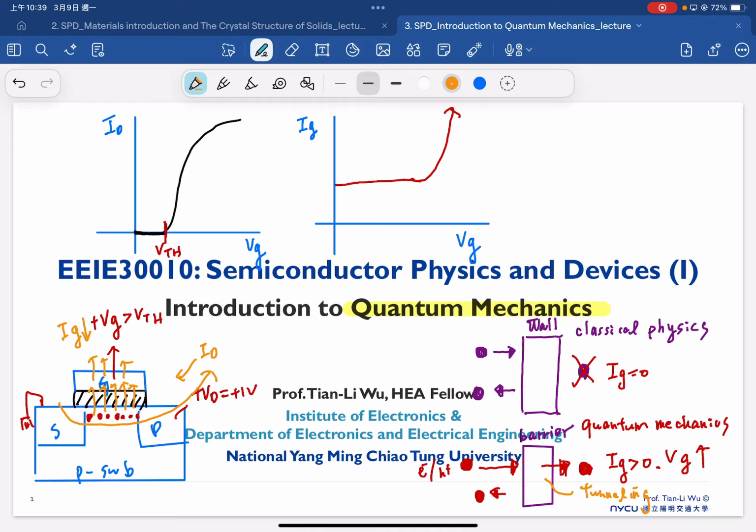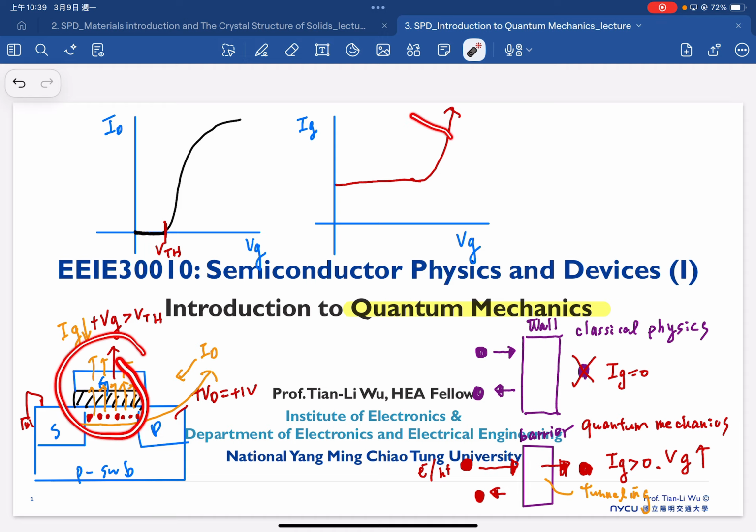Because we have to understand this, that's why we need quantum mechanics to help. That's why this chapter is all about how we can use fundamental quantum mechanics to understand the tunneling mechanism, which in the end becomes a certain non-ideal effect in the semiconductor device.